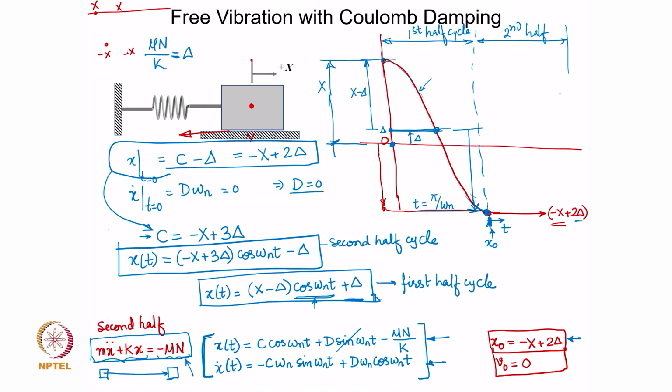So, in the second half cycle, the expression we have is minus x plus 3 delta as the amplitude, which means that the amplitude with which this cosine function operates has an initial value of minus x plus 3 delta.